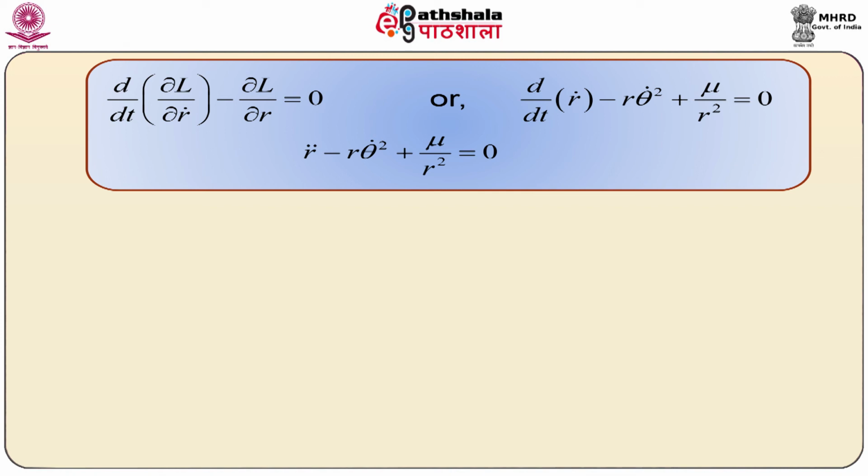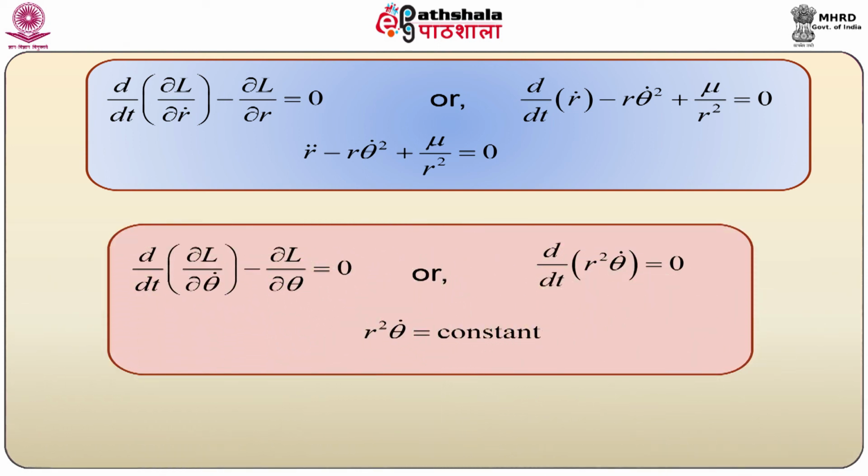Thus, we finally have r double dot minus r theta dot square plus mu divided by r square equal to 0. r double dot means the second order ordinary derivative of r with respect to time t. Theta dot means the first order ordinary derivative of theta with respect to time t. This is the Lagrange's equation of motion corresponding to the r coordinate.